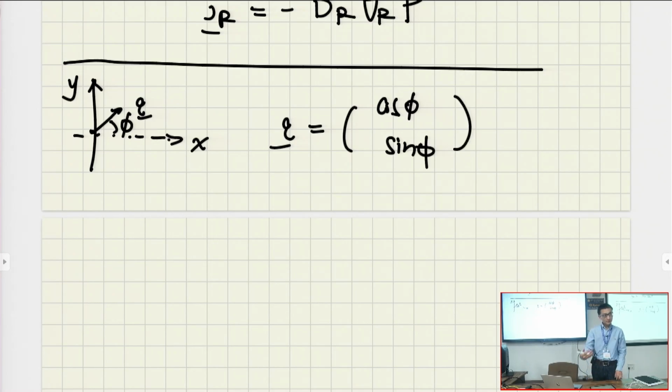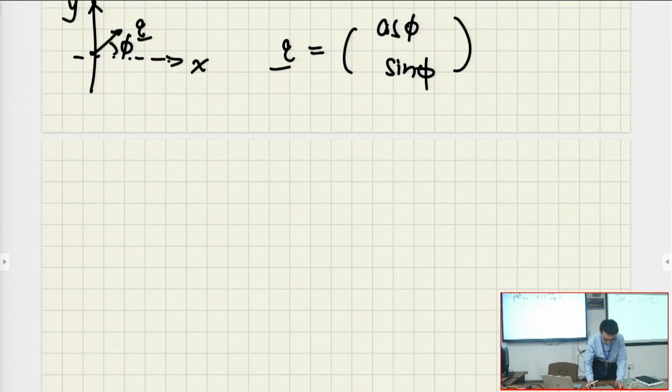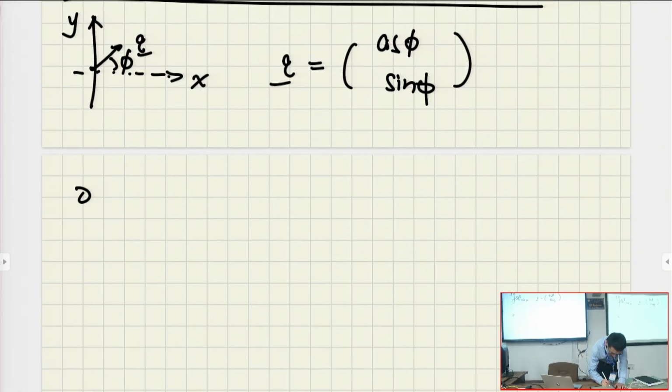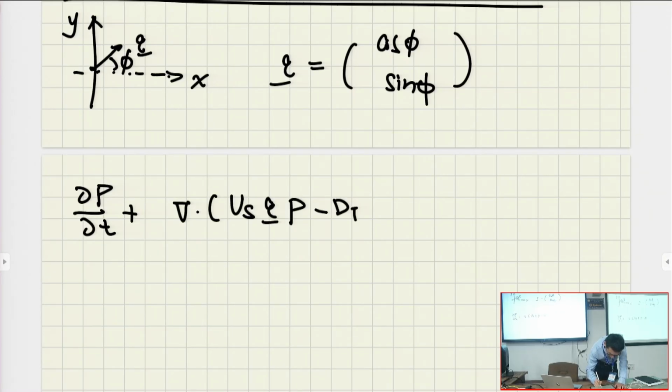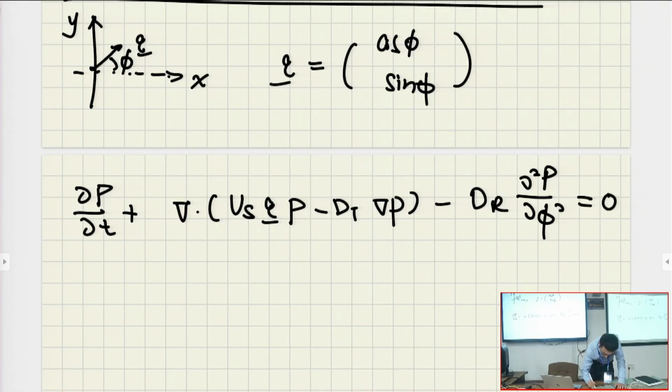And we can explicitly write out our orientational gradients in 2D to get the following equation. Okay, any questions up to this point? So this is what we discussed last time.